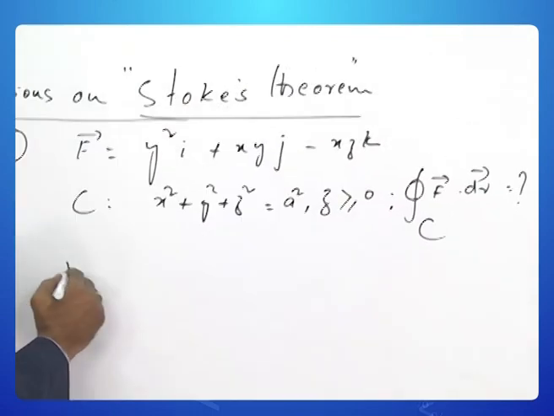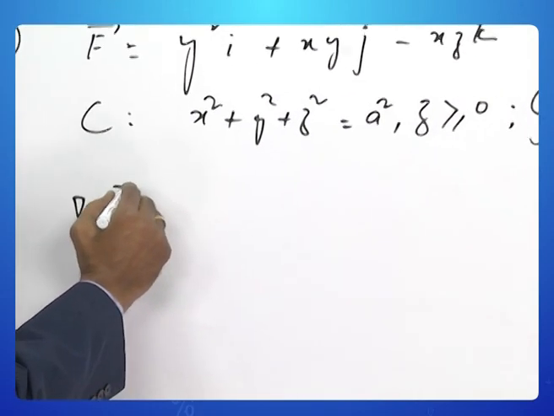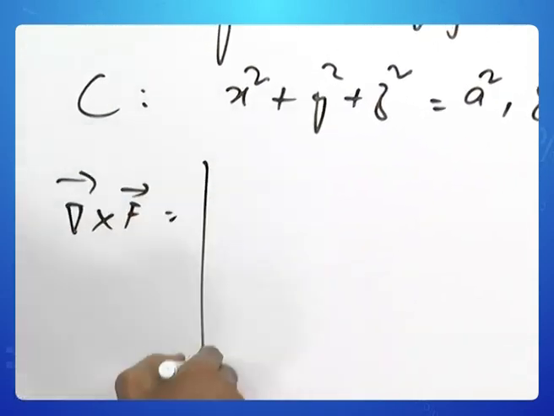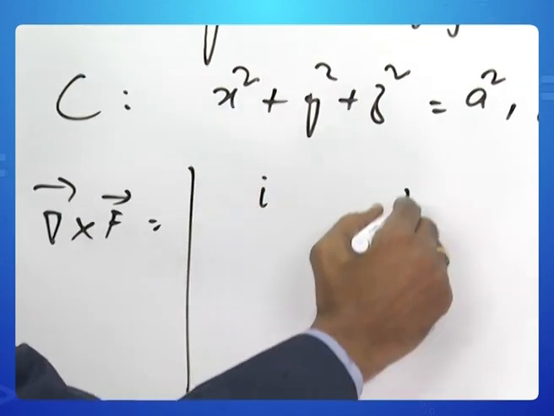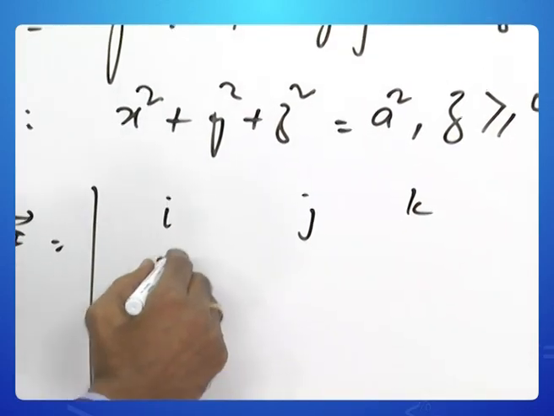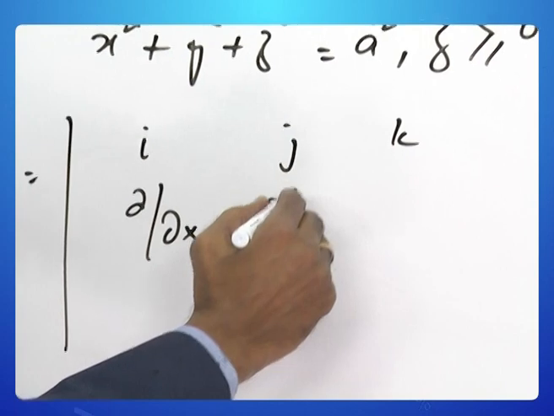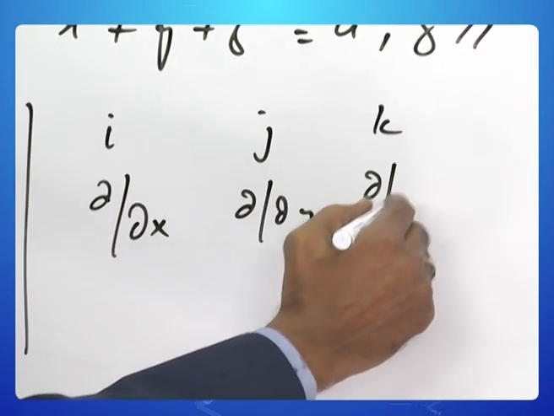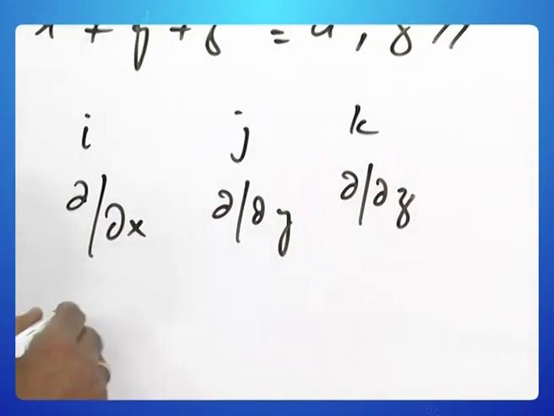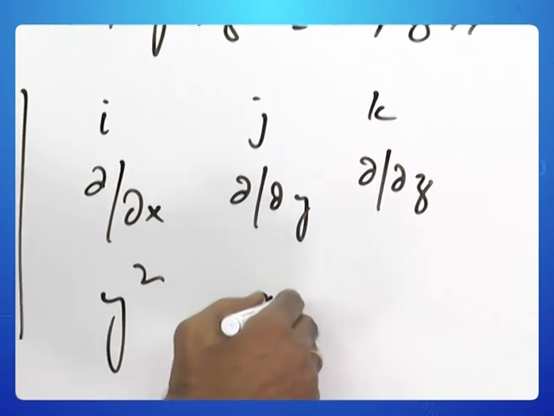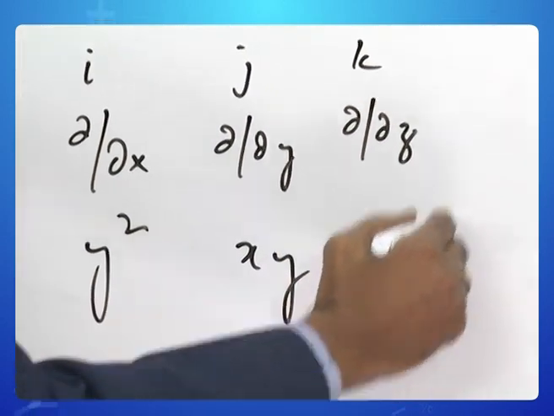So let us calculate the curl of f. It is the determinant of i j k, dou by dou x, dou by dou y, dou by dou z, y square, xy and minus xz.